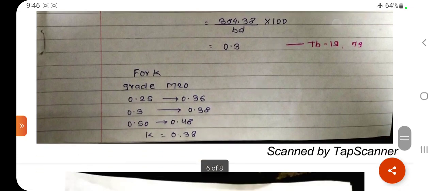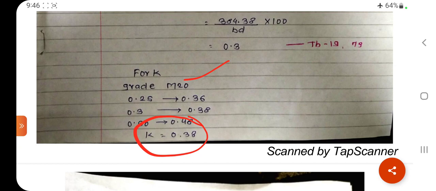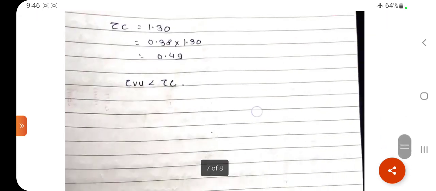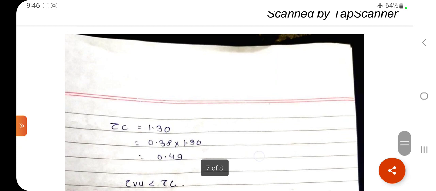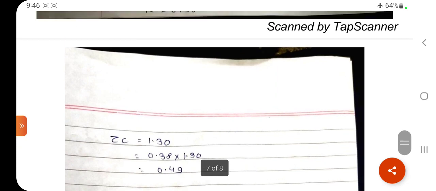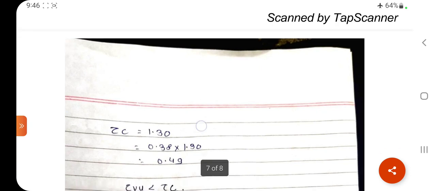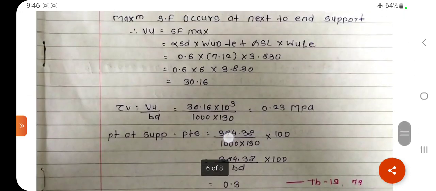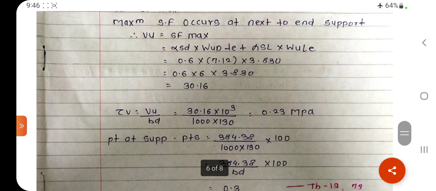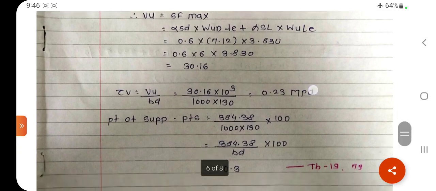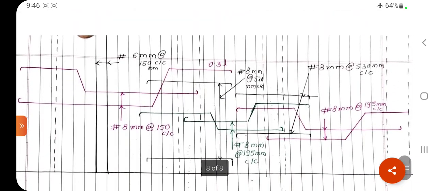So K, as our grade of concrete is M20, okay, and we interpolate for the 0.3. So K is equal to 0.38. So K into tau C is equal to 0.38 into 3, and our K into tau C is greater than Vu. Therefore, our slab is safe in the shear.